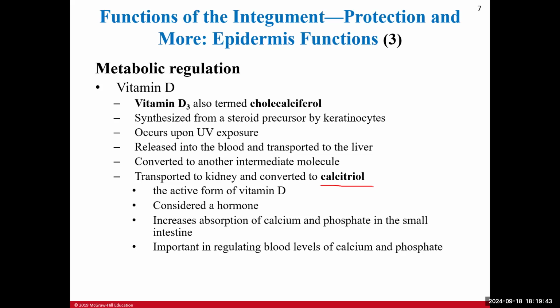Our keratinocytes, when they are exposed to sunlight, to ultraviolet radiation, start to form and make vitamin D. The inactive form, which is known as cholecalciferol. This is inactive. Vitamin D3 or cholecalciferol. So your keratinocytes make it, and then they dump it into your bloodstream.